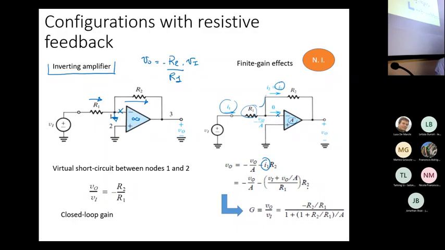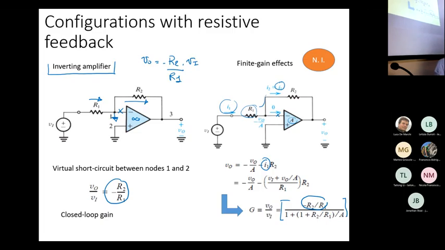and times R2. Okay, so if you then collect all the V out terms in this equation and all the VI terms, what you get is this expression here. You see the numerator is the original expression that we found when we assumed an infinite gain.